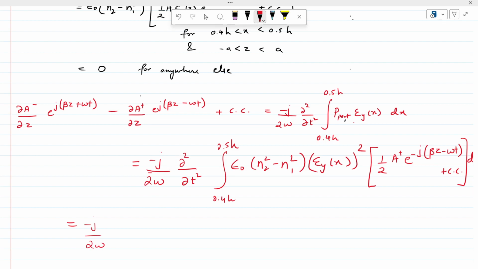So what is the t dependence here? The t dependence is coming only from this particular term here, right? So if we do the double differentiation, there will be omega square, j square.